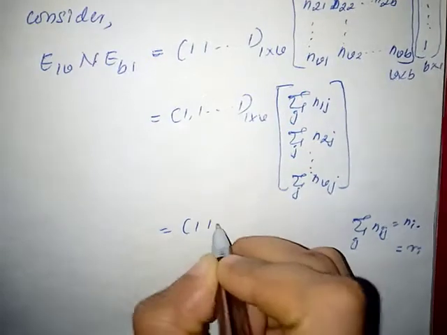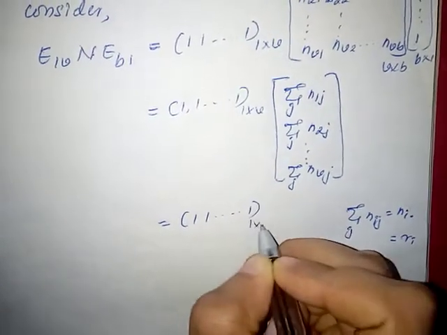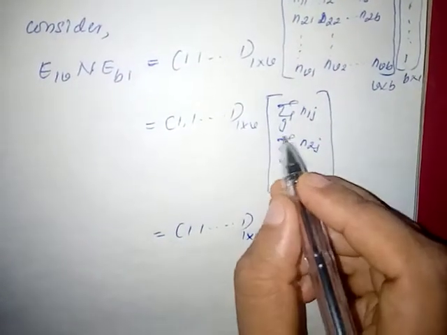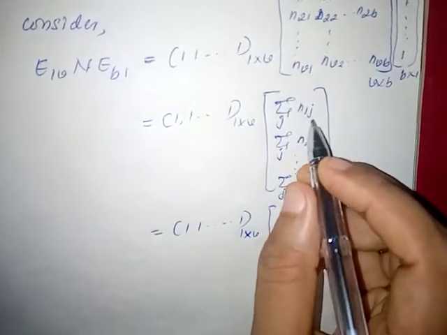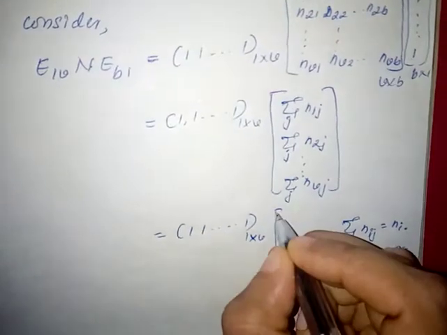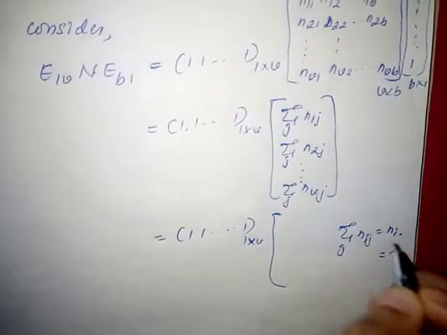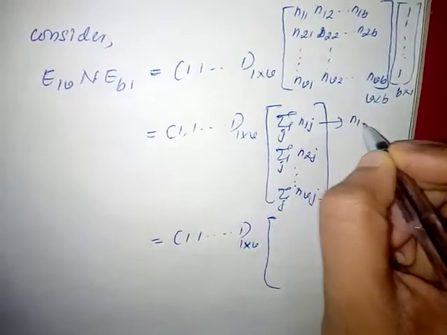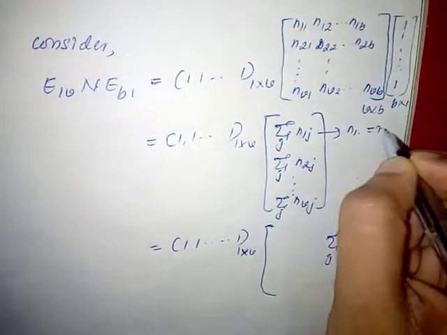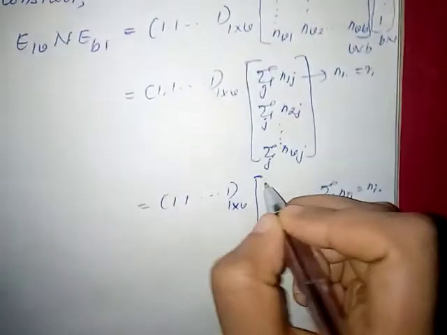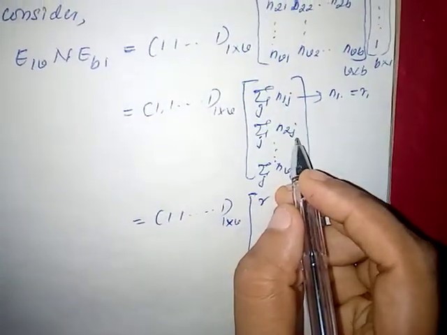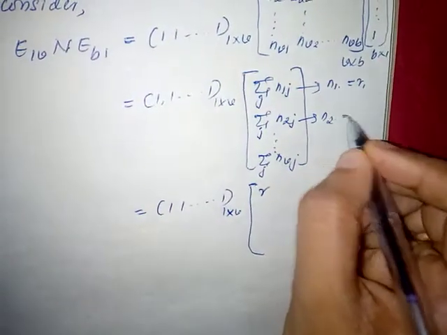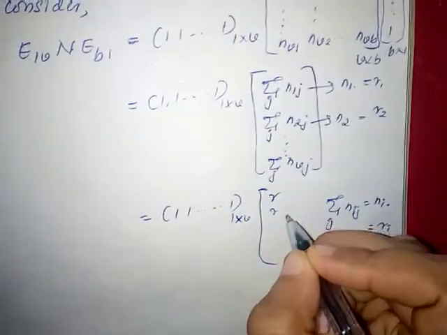So we can write it as 1, 1 so on 1 of order 1 cross v into summation j of N1j, which is equal to n1 dot, equal to r1. So here we can write it as r. Similarly, the second one is n2 dot, equal to r2, here r.